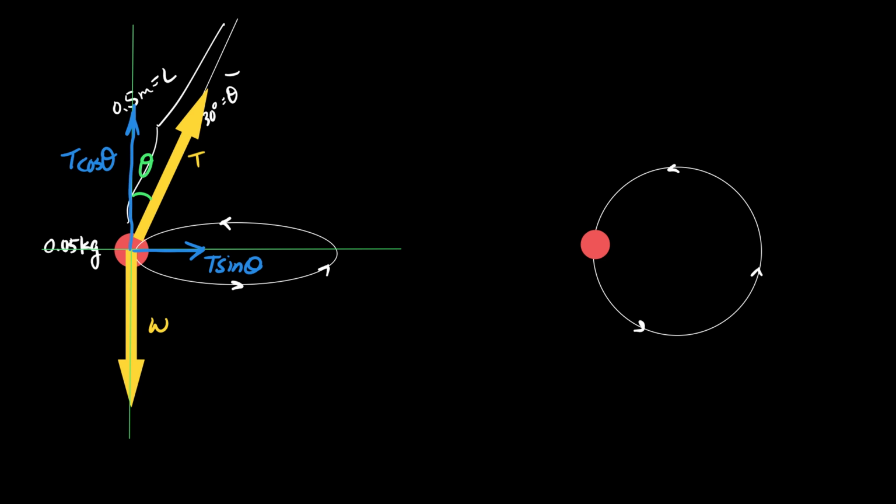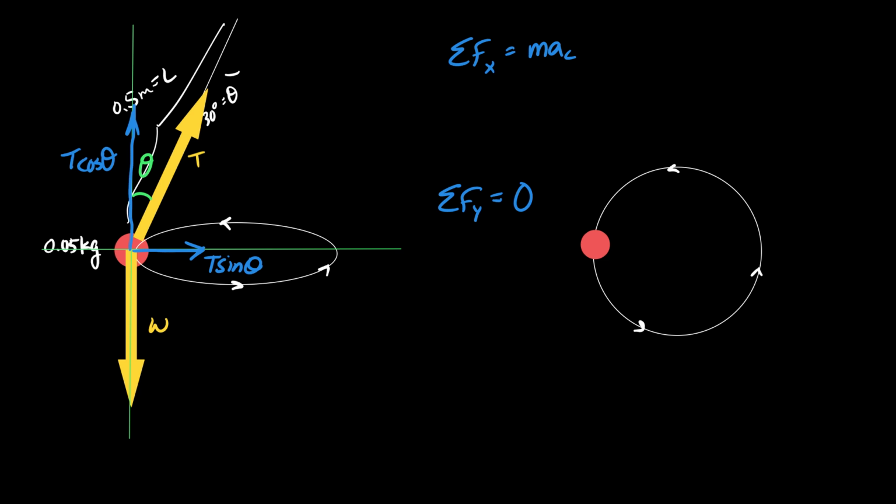And when I break this up into the net force in the X direction and the net force in the Y direction, I'm going to say the X direction is m a_c, and I'm going to say the Y direction is 0, because the ball's not accelerating up or down, it's accelerating towards the center of the circle.